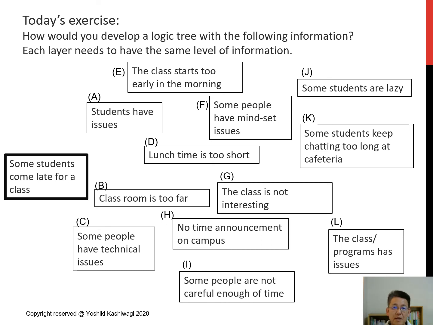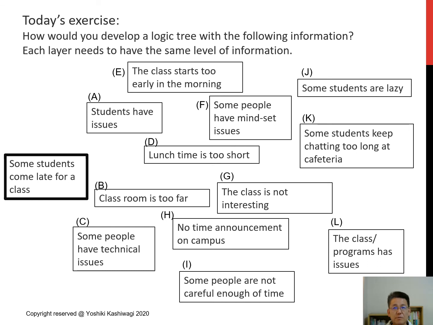This is an exercise for today. The problem you identify is some students come late for a class. This is a similar question to the one we saw in the beginning. There are many reasons here, A through L. I want you to make a logic tree with these boxes. Which one comes into the second layer?